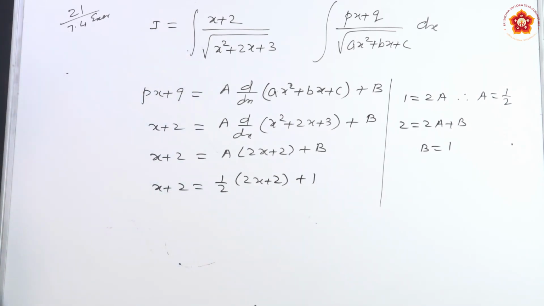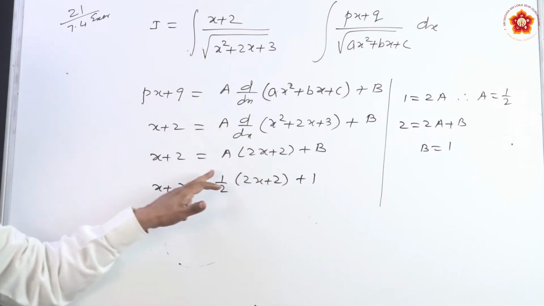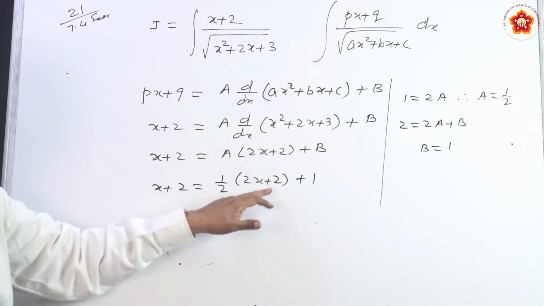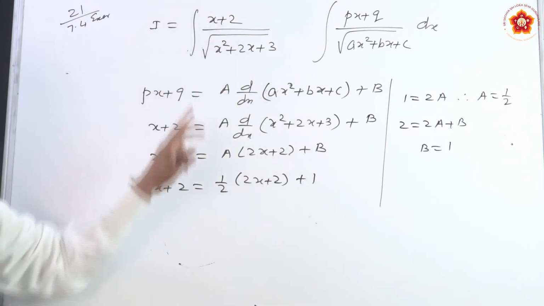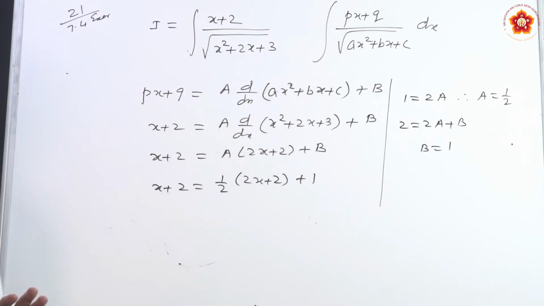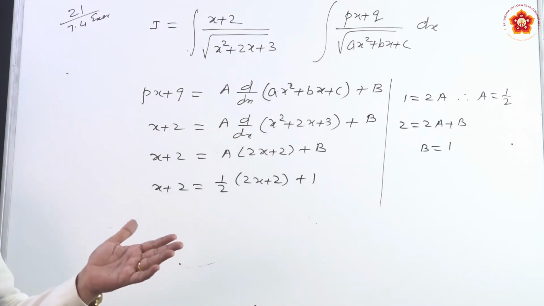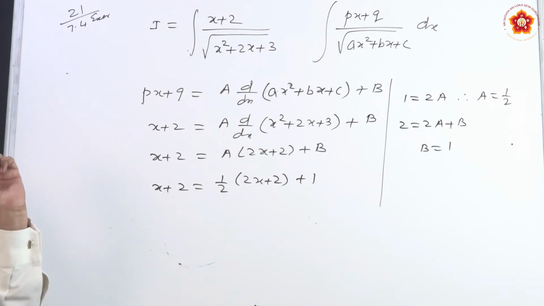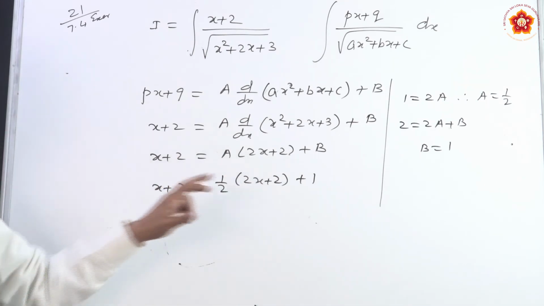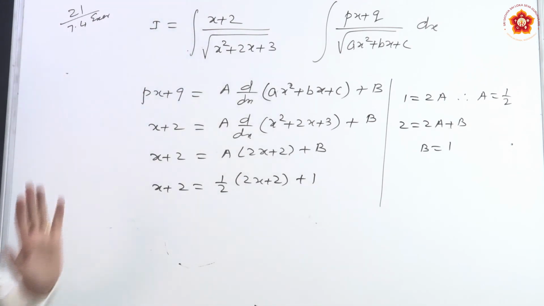Don't do the foolishness of saying take 2 common, cancel 2 and 2, and then what is left is x plus 1 is 2. That x plus 2 only we wrote like this. Why did we write it like this? So that we can have two separate integrals which can be integrated. That is the purpose. So don't start cancelling, because again you will get back to the same problem from where you began.